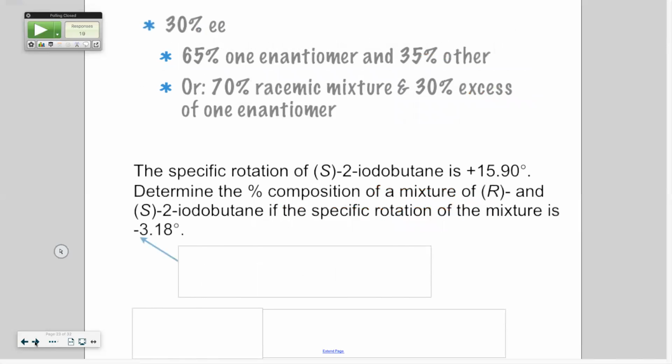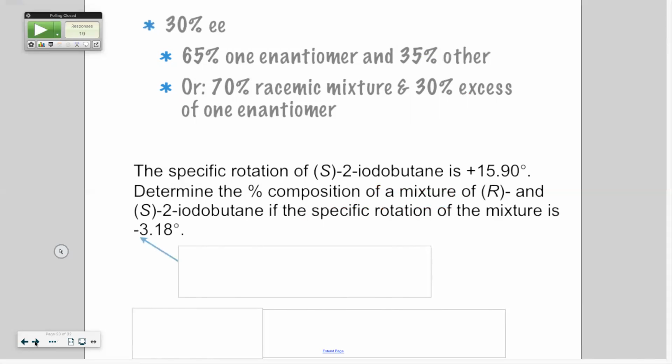Okay, 30% enantiomeric excess. You have 70% racemic mixture and 30% excess of 1 enantiomer. The specific rotation of S-2-iodobutane is plus 15.90 degrees. So is that dextrorotatory or levorotatory? Dextrorotatory.